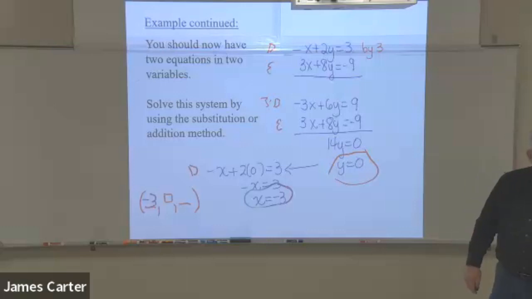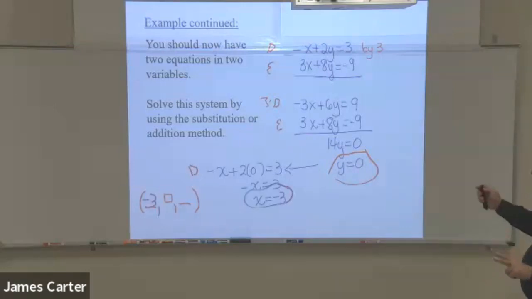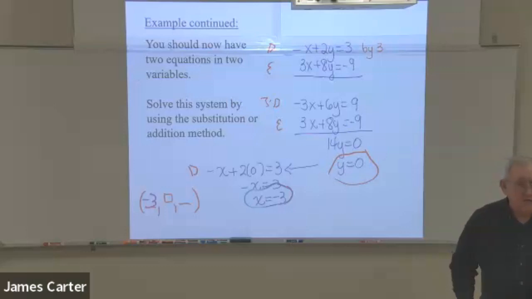Now, with 2 values of the point, I can go back to equation A, B, C, any of those 3 equations, substitute in these 2 values, x equals -3, y equals 0, and find out what z is.